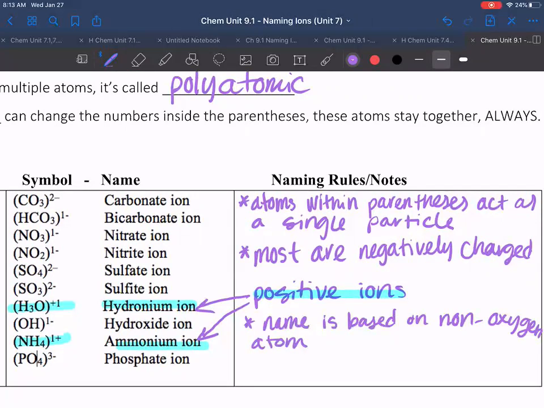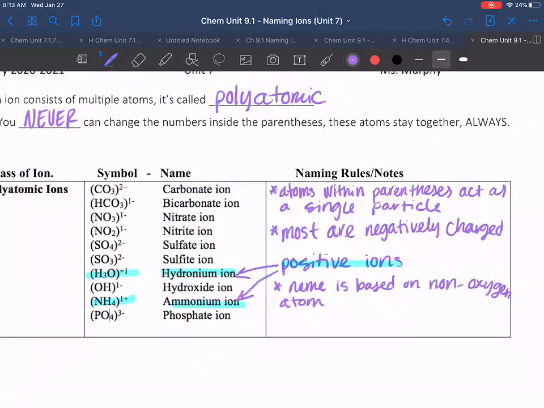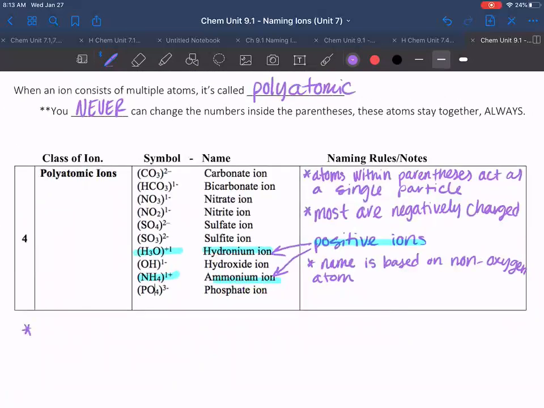So most of these are based off of that non-oxygen. And what you might have picked up just from looking at the names of these is that you have these suffixes, "ite" or "ate," on a lot of them.